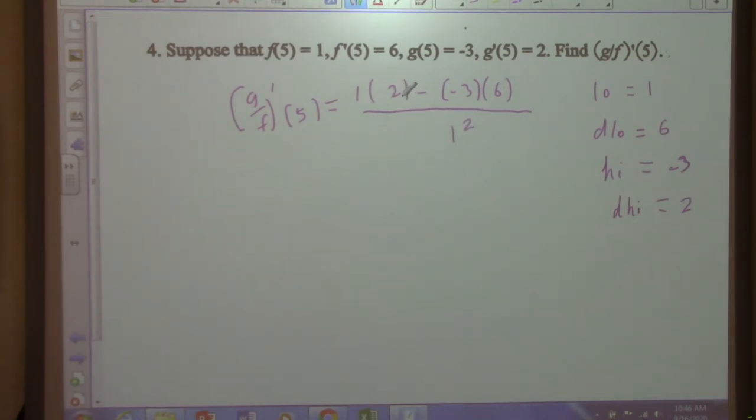So that's going to be 2 plus 18, is that 20? Is that plus 18? That's 20, isn't it? Is that what you got? Okay, good. Is that what you got too, Aaron?